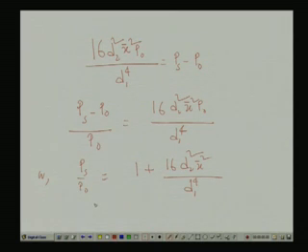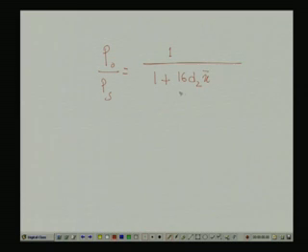So I can write PO by PS equals 1 upon 1 plus 16 d2 x bar by d1 square, whole square.